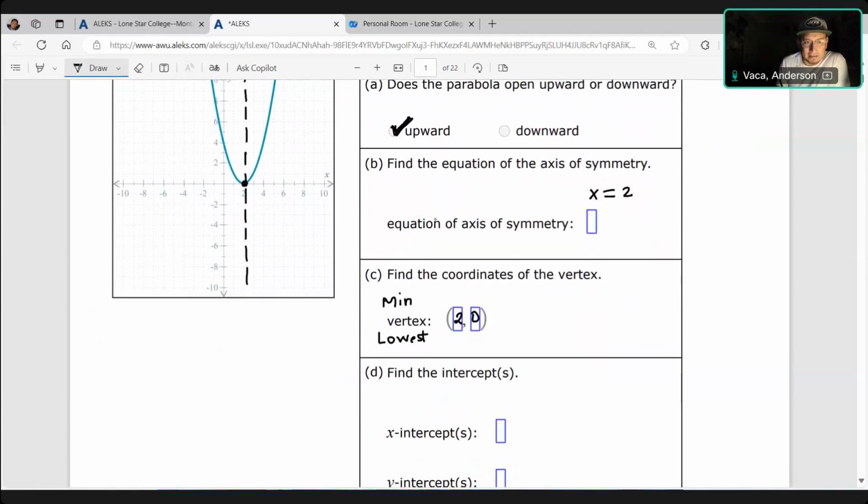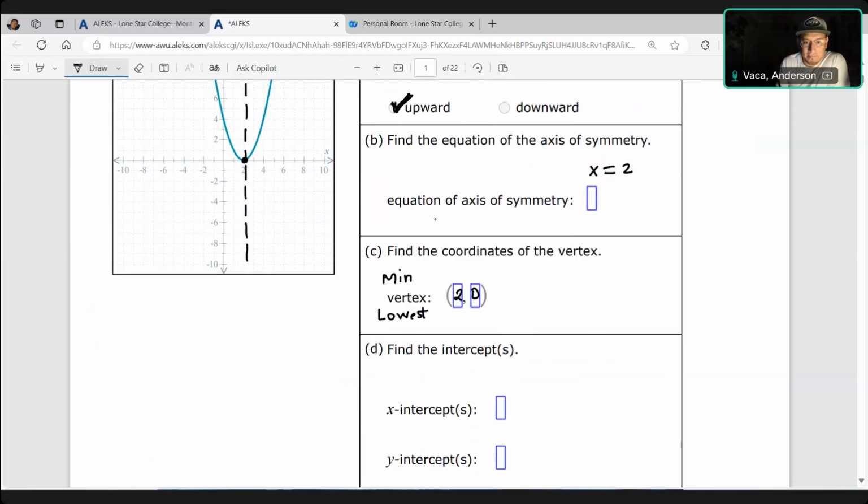Find the x-intercepts. The x-intercept is where the graph crosses the x-axis. There's only one, so that happens to be at 2.